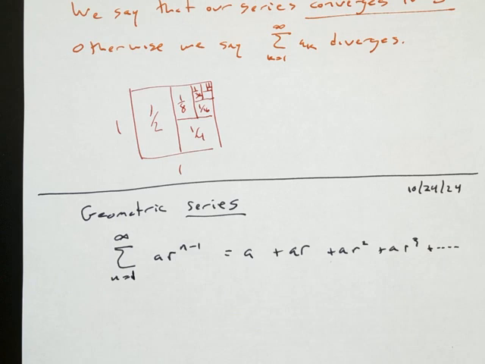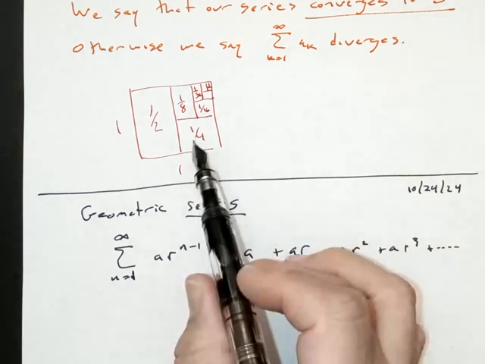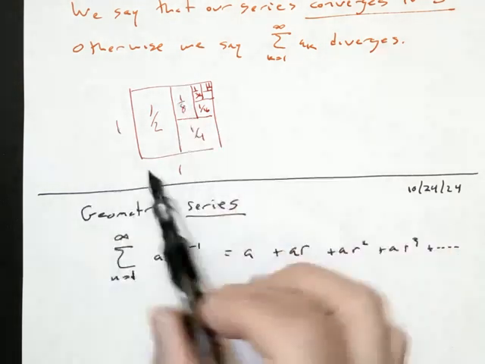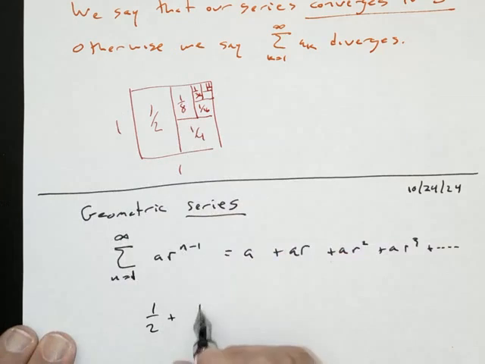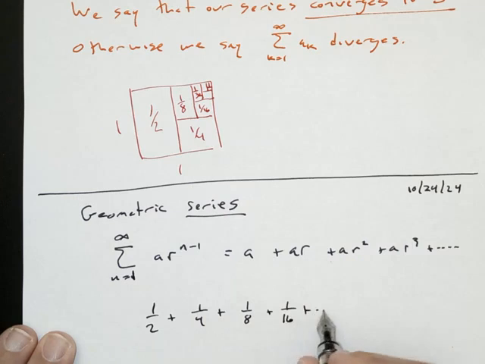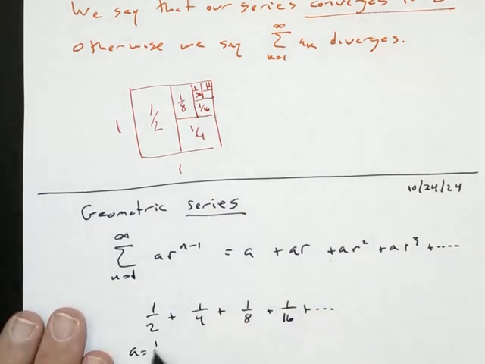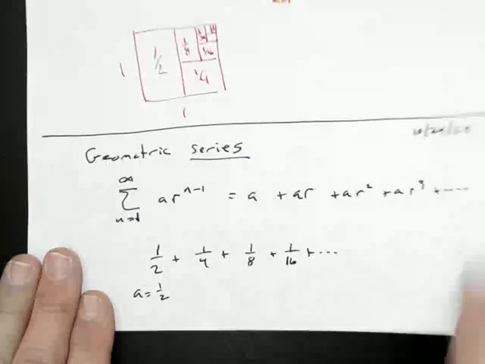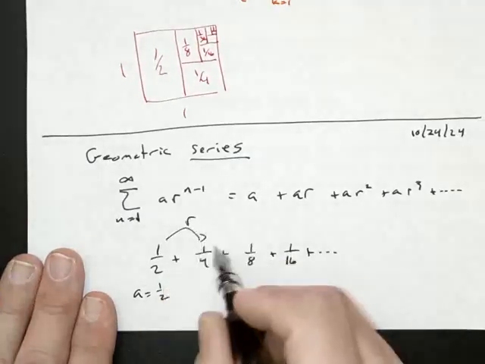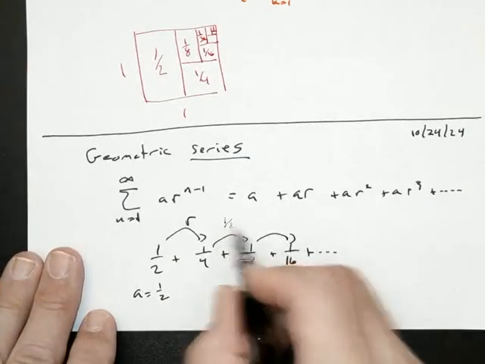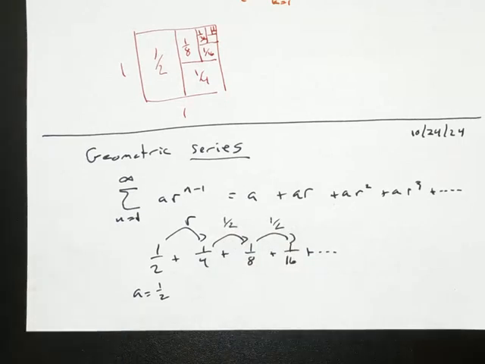But I've seen this before. This right here, this is a geometric series. This looks like this. If I think of A as being 1/2 and R is what I multiply to get from each term to the next, is also 1/2.